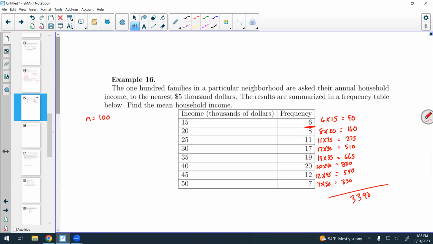I know that's the right answer because I remember it. So the sum of all our x's is 3,390. So to find our mean, we simply take the sum of the x's over n, 3,390 divided by 100, and we get 33.90. That is our mean.